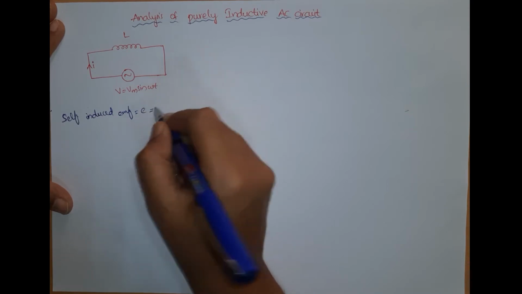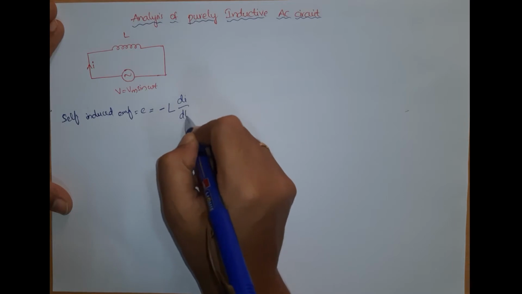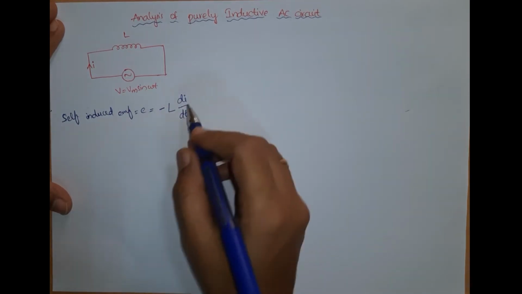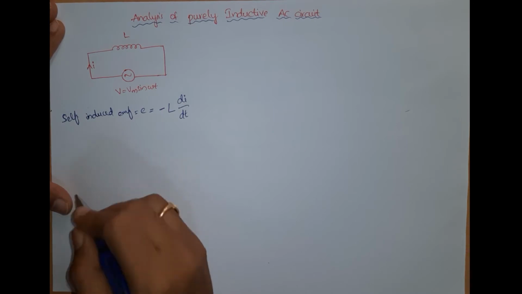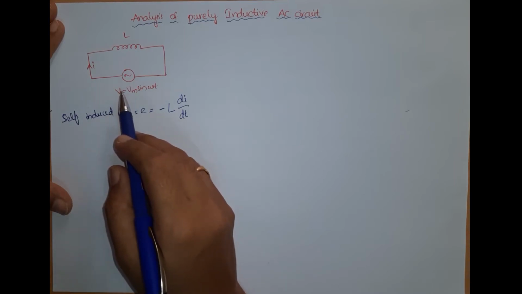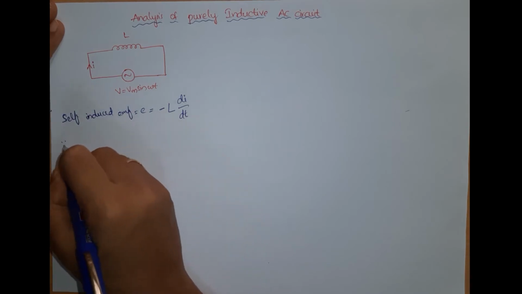This self-induced EMF, we know, is equal to minus L di by dt, where L is the inductance of the coil in Henry and I is the current flowing through it. Now, since the voltage applied at every instant is equal and opposite to the induced EMF, according to Lenz's law, let me write it down.